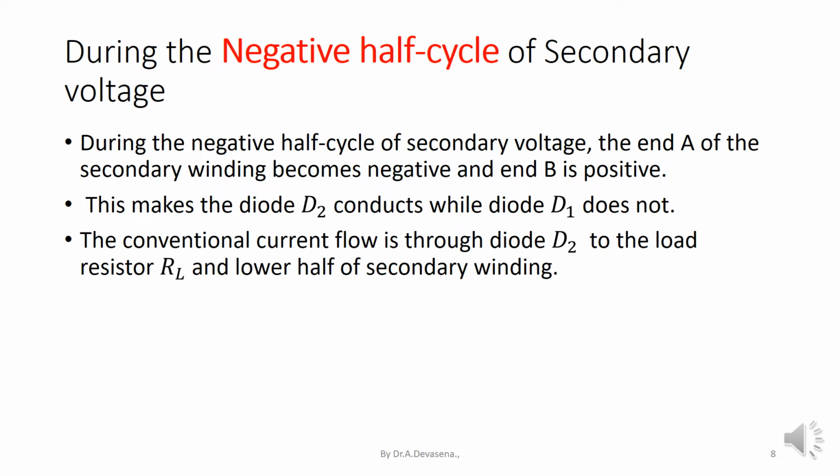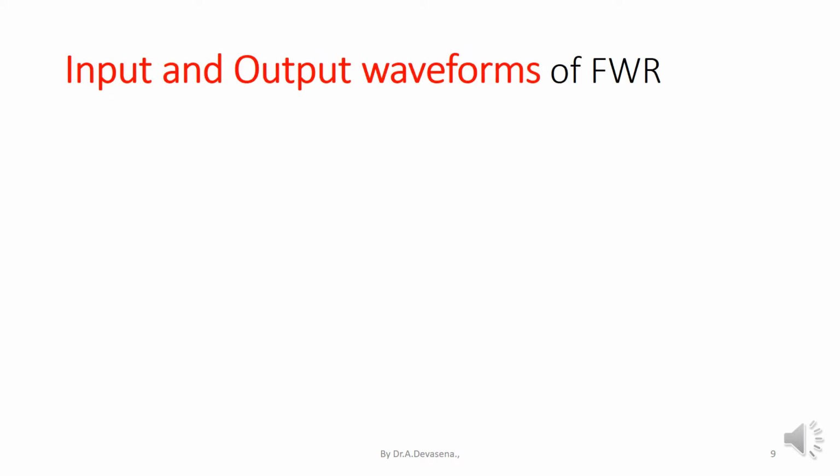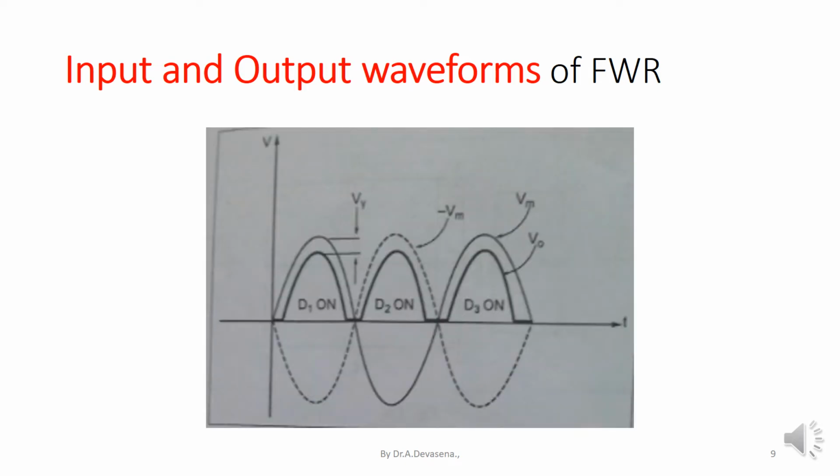The conventional current flow is through the diode D2 to the load resistor RL and lower half of the secondary winding. The current in the load resistor RL is in the same direction for both half cycles of the input AC voltage. Let us see the input and output waveforms of the full wave rectifier.